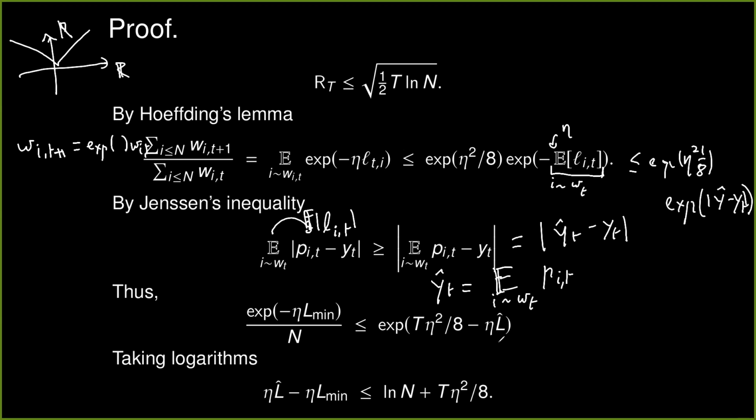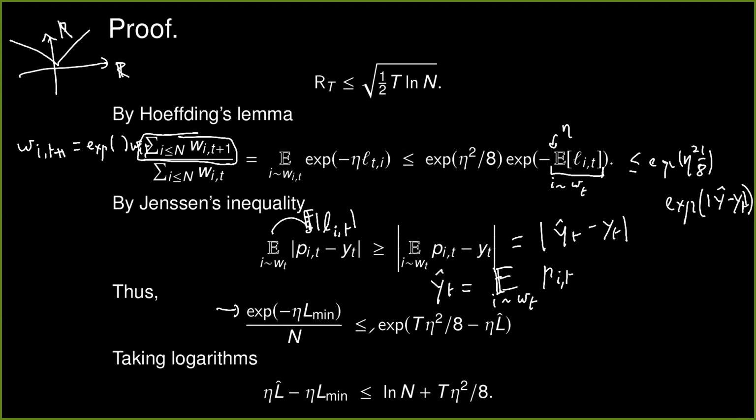When we multiply over all rounds, we have here a lower bound on the sum of all weights in round capital T plus 1. This is the weight of the best predictor, so this is at least this sum. In round 1, the sum of the weights is 1, and this ratio is bounded by the product of all these ratios over the rounds. The same technique as we've been applying already 6 times.